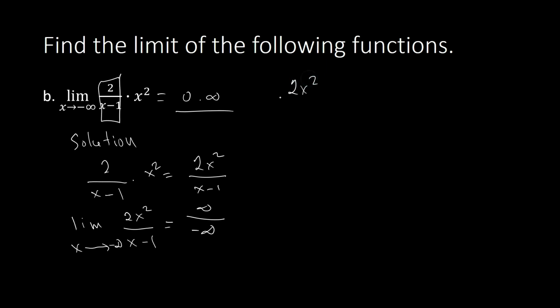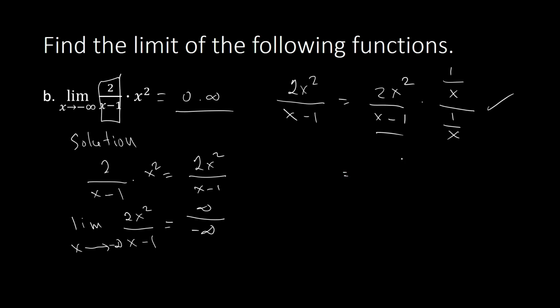But this is what we can do with 2x squared divided by x minus 1. It is equal to 2x squared divided by x minus 1 times this factor, 1 over x divided by 1 over x. This one is just equal to 1, so multiplying it will not change your function.